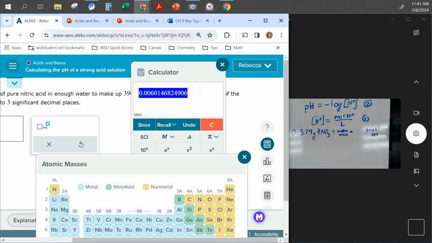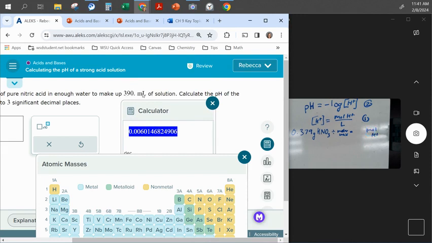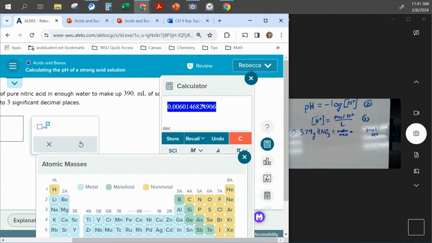And I'm going to take this number of moles of hydrogen and divide by the volume. The volume they give me is always going to be in milliliters, so I need to convert that to liters. 0.390 divided by 0.390. Okay, this is now the concentration of hydrogen.